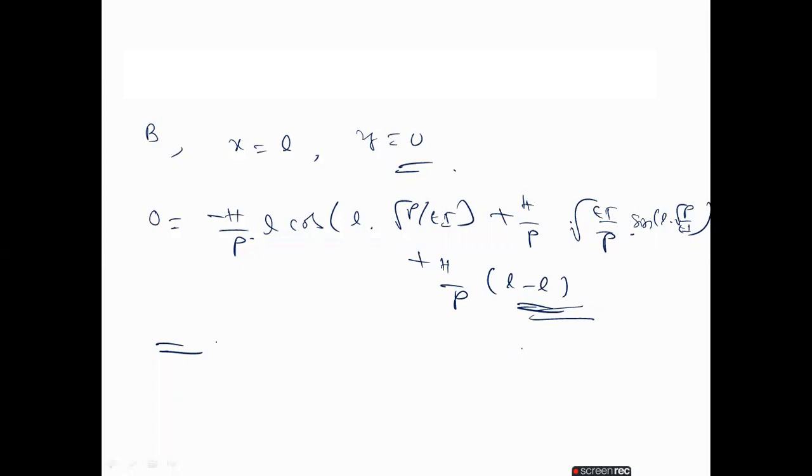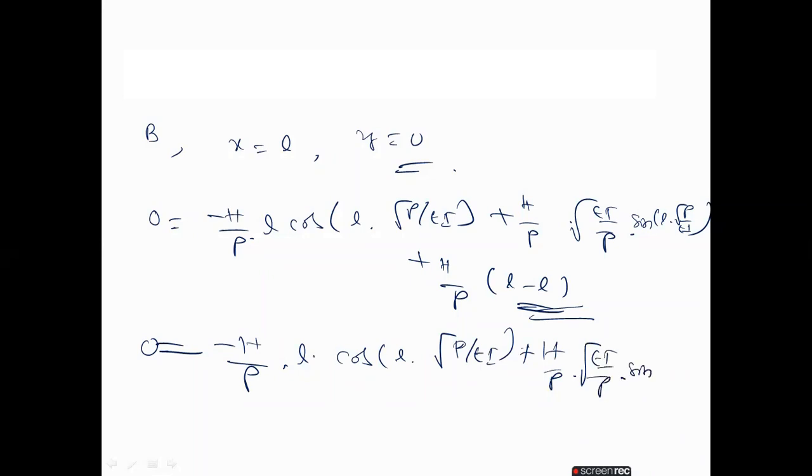So finally we got 0 equal to minus h by p L cos L into square root of p by ei, plus h by p into square root of ei by p into sin L into square root of p by ei.